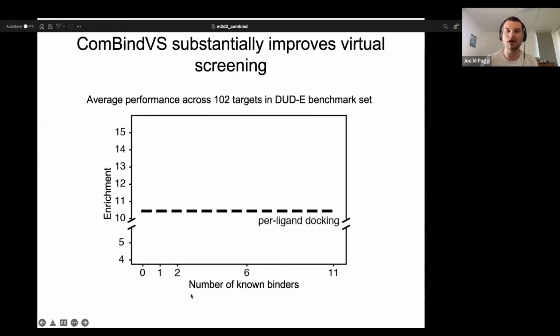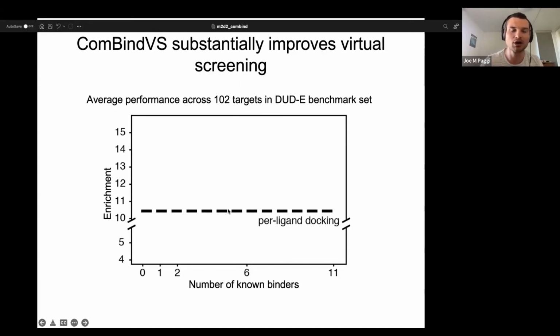To get back to Jonathan's question from earlier, in these benchmarks we require that all of the ligands in the test set, so in the compound library, have a Tanimoto coefficient of under, I think it was 0.3, but it might be 0.25.